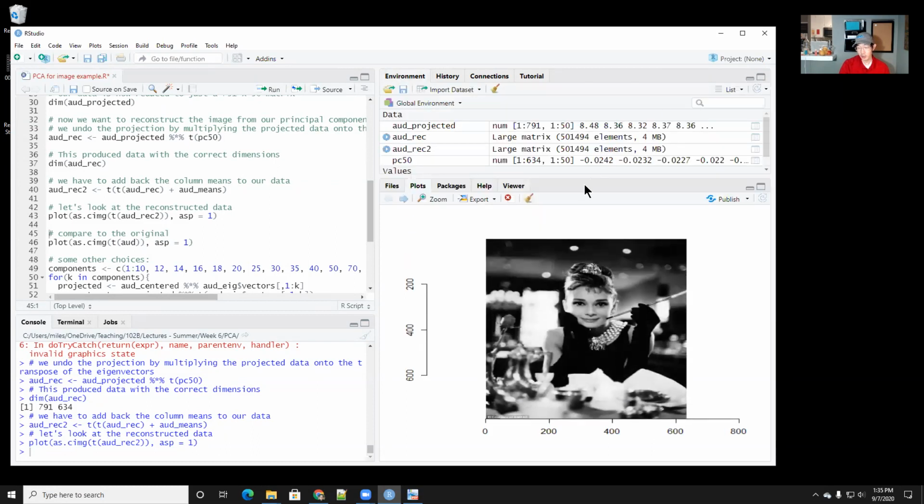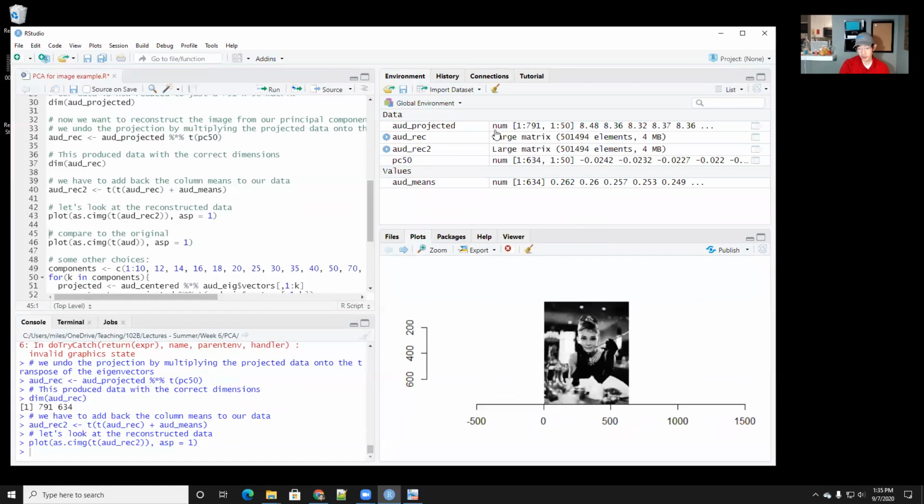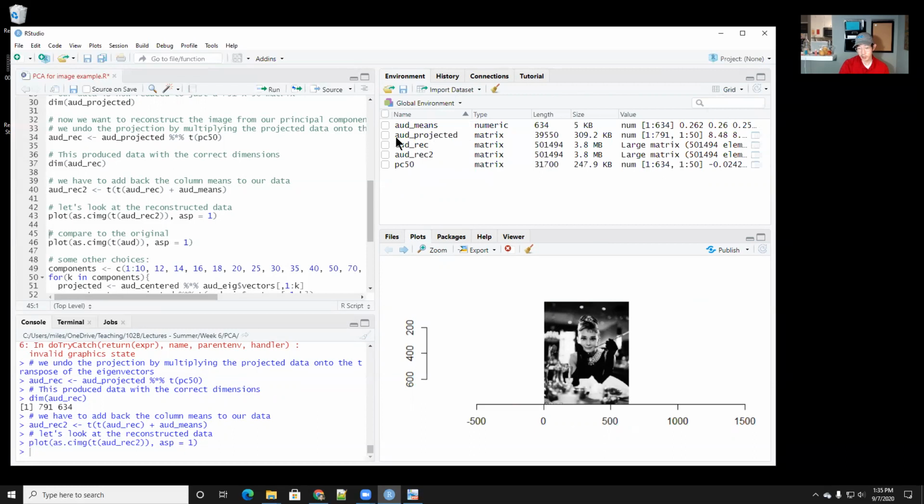And again, what we stored in memory is really only the small matrices. The amount of data we had to transport was 5 kilobytes for the means, the smaller matrix which was 791 by 50 at 309 kilobytes, and 634 by 50 at 247 kilobytes.